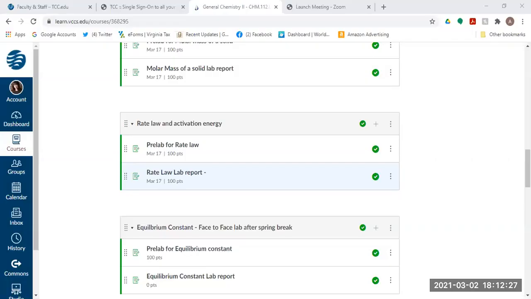It. Okay. So this is your interface for lab. Some of you did molar mass of a solid last week. Some of you do it tomorrow, but there is one more lab that is part of the pre-spring break version here.